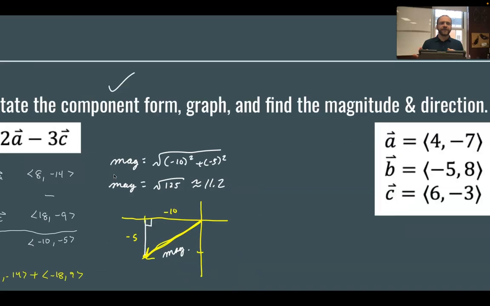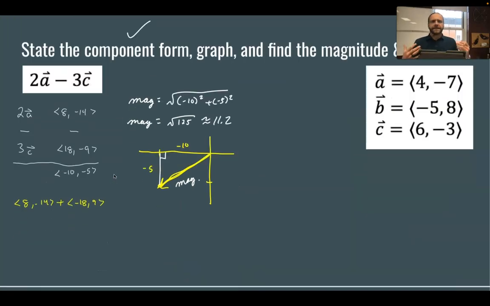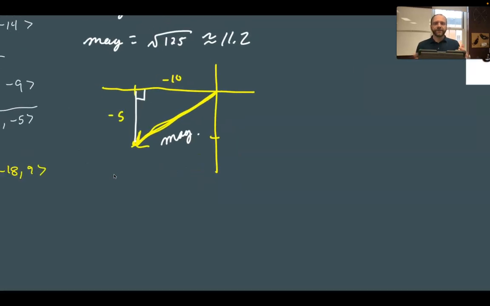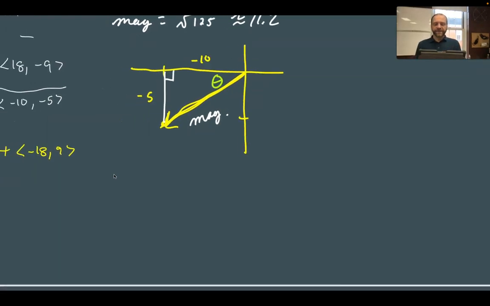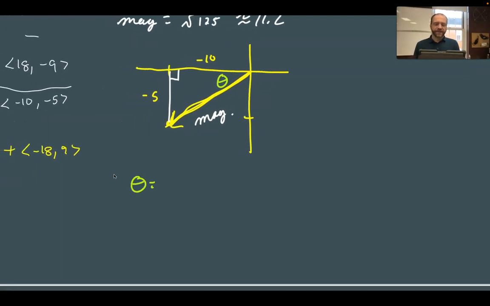It says find the magnitude and the direction. Direction, let's do green and change up the colors a little bit. So we're looking at this, and I want to find the direction. Well, first thing I need to know is what's theta? What's the angle inside the triangle? I know my opposite, and I know my adjacent, so I'm going to do the inverse tangent of my opposite over adjacent.